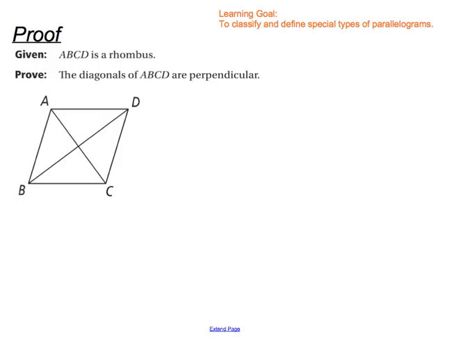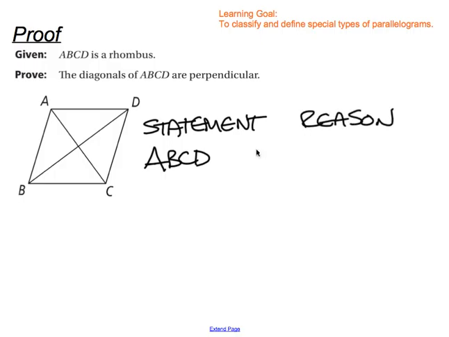So given the fact that ABCD is a rhombus, we want to prove that the diagonals of ABCD are perpendicular. This is the first theorem that we saw in the previous slide. The first statement that I would make would be the definition of a rhombus. So we have ABCD, which is a rhombus, and that's given to us.